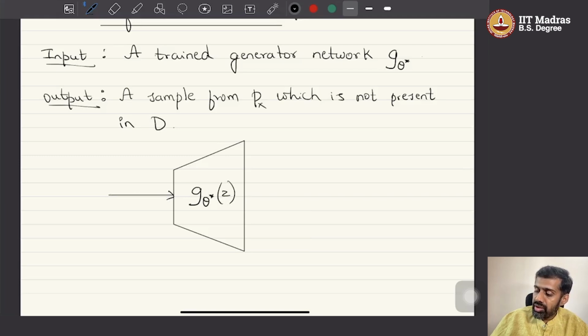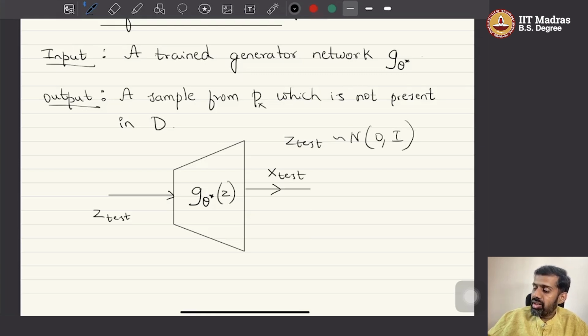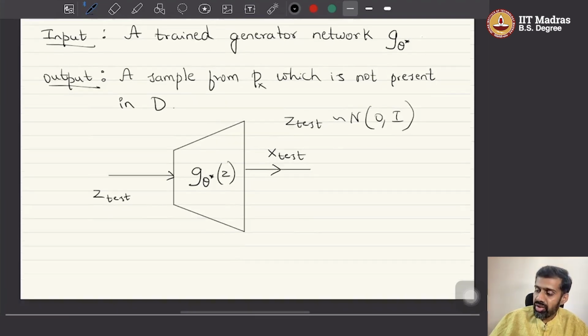You take a Z, let's call this Z test, where Z test is some sample coming from normal 0, 1. And finally you get an output here, which is X test, hopefully a sample from Px, because now P theta has become close to Px if the training has happened properly. This is how you do inference on a GAN. So inference is data generation from a GAN.